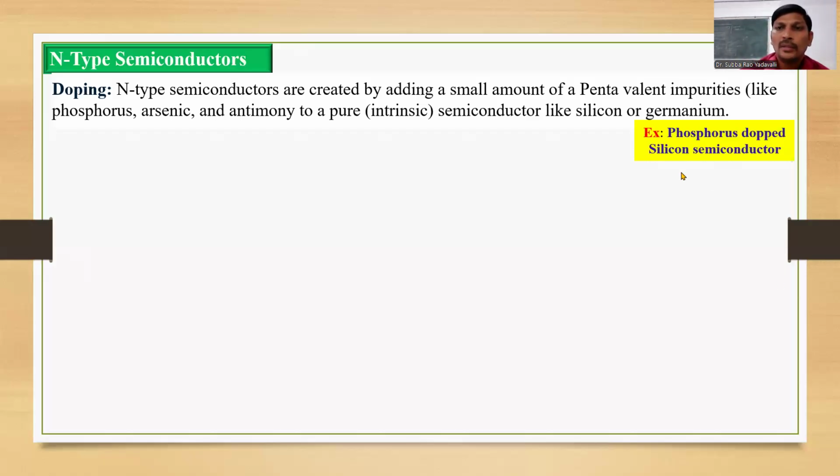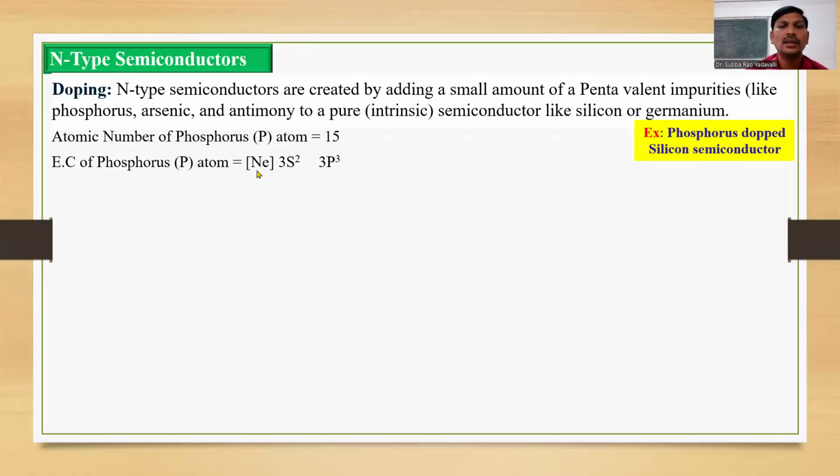So here consider this phosphorus doped in silicon semiconductor. Here the silicon has valency 4, that means it forms covalent bonds with 4 other silicon atoms. Coming to phosphorus, the atomic number of phosphorus is 15, and the electronic configuration of the phosphorus atom is neon 3s2 3p3.